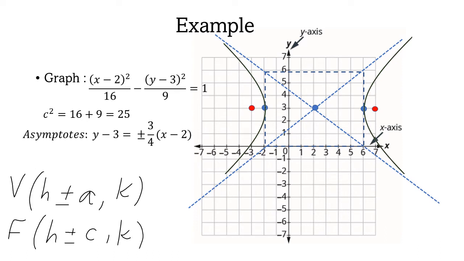Or we can see that the vertices are a units from the coordinates of the center, and the foci are c units from the coordinates of the center. Keep in mind, this is my h and this is my k.